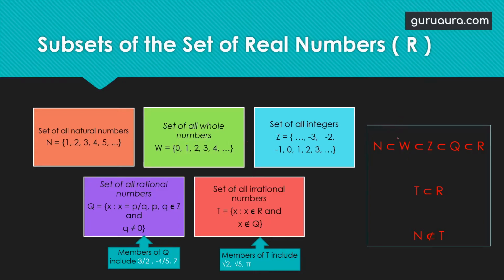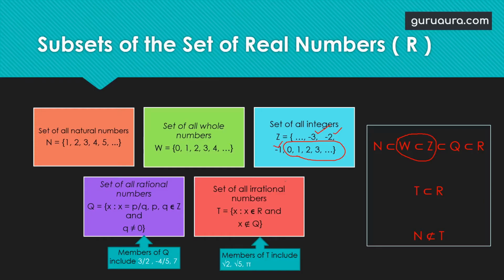Likewise, the set of all whole numbers is a proper subset of the set of all integers, due to the same factors, that all the elements of whole numbers are present in the set of all integers and the set of all integers has an additional element, that is, it contains the negative integers also.